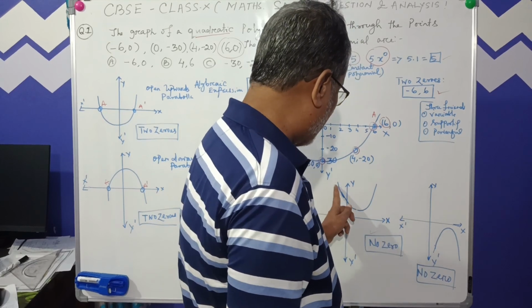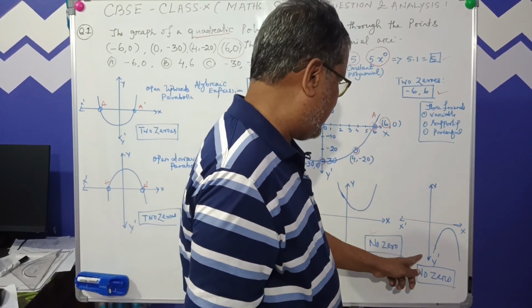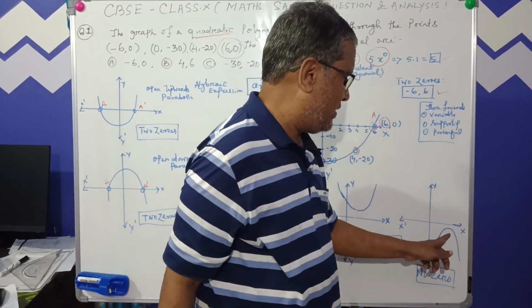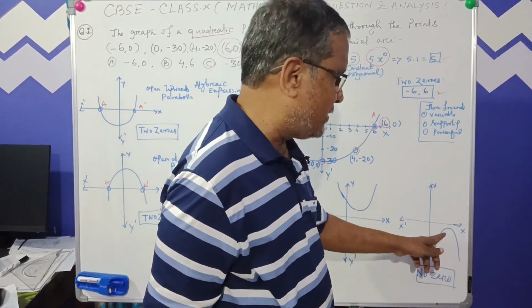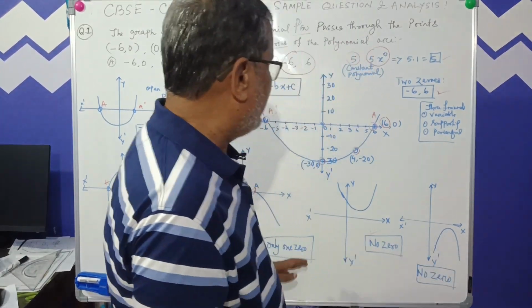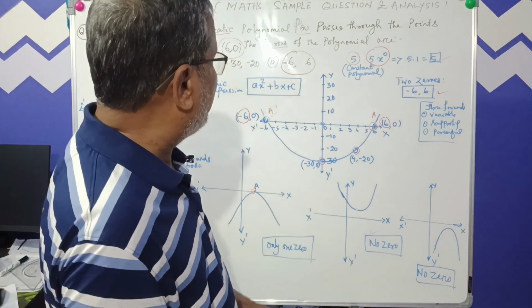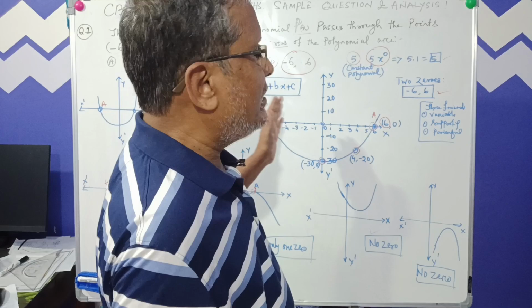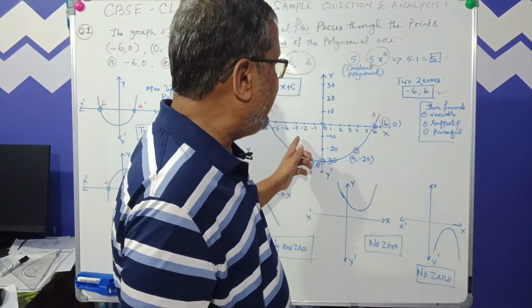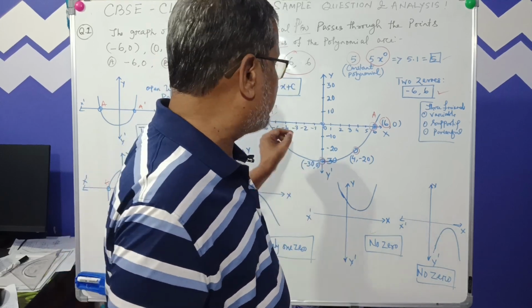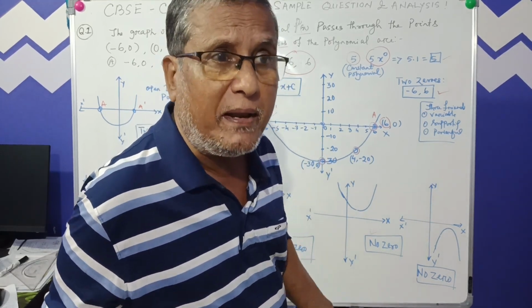This is called an open upward and open downward parabola. You see in this case also the graph doesn't touch the x axis, so no zeros. So this is the example of how you can find the zeros of a polynomial by graphical representation through graphs, meaning spotting the points on a plane.